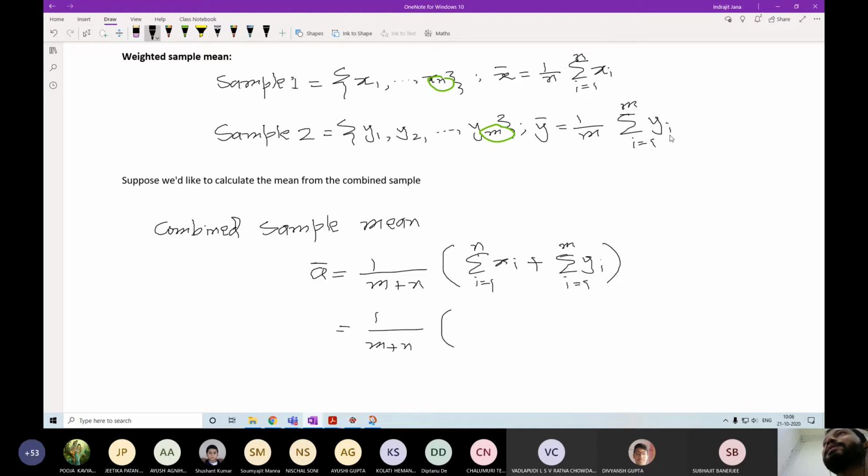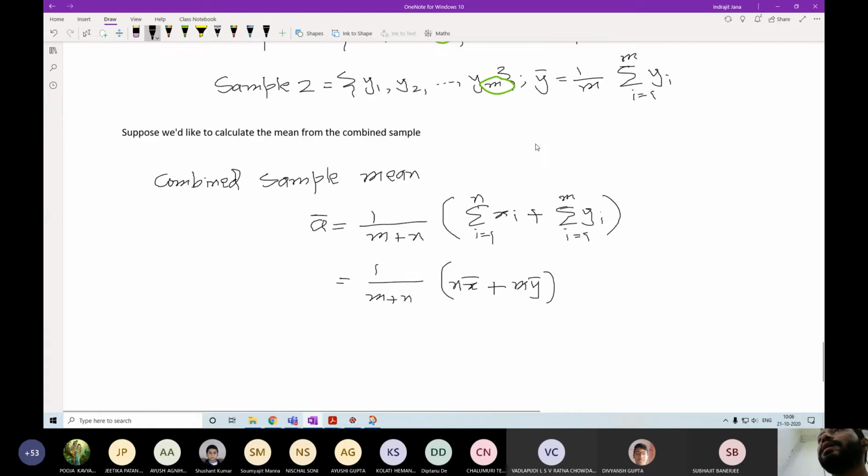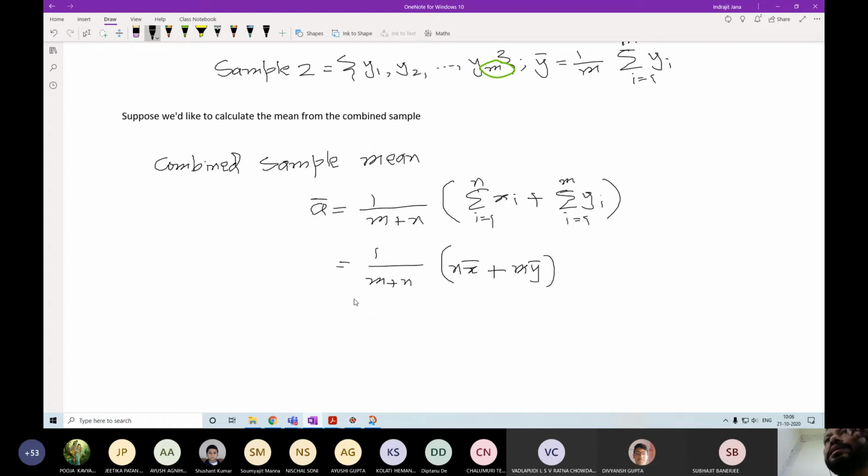Now, the summation of xi is n times x bar, and similarly the summation of yi is m times y bar. So this is the weighted sample mean.